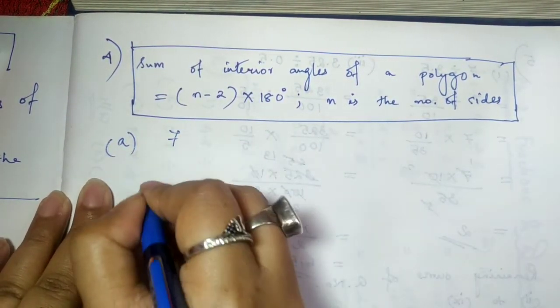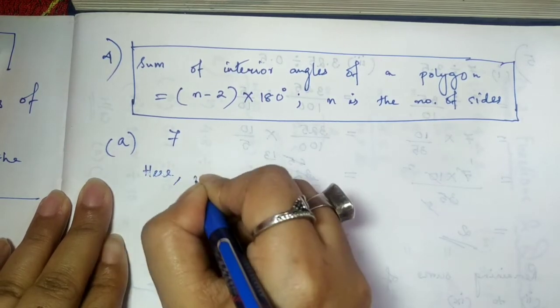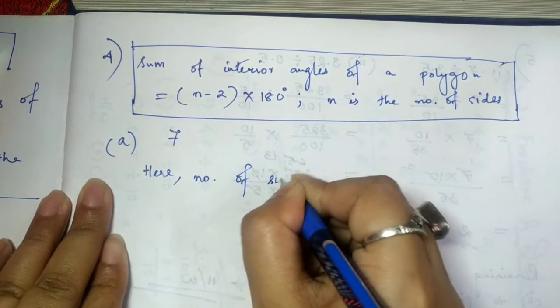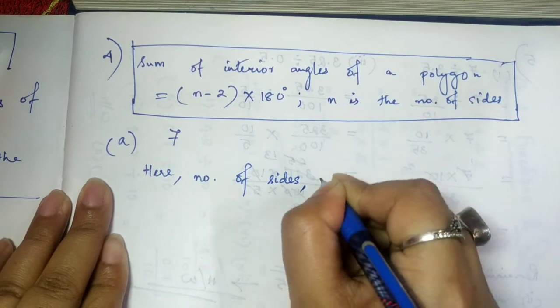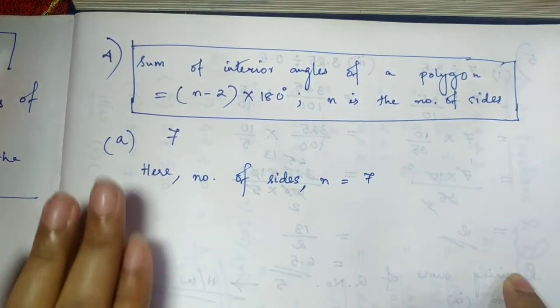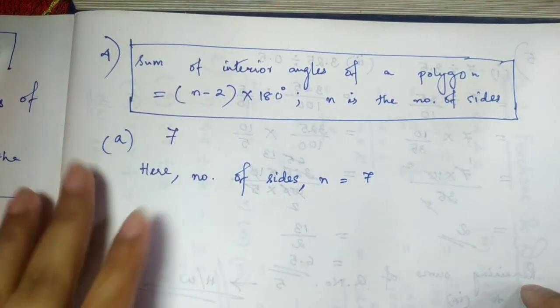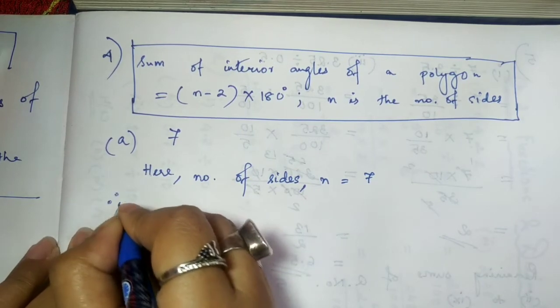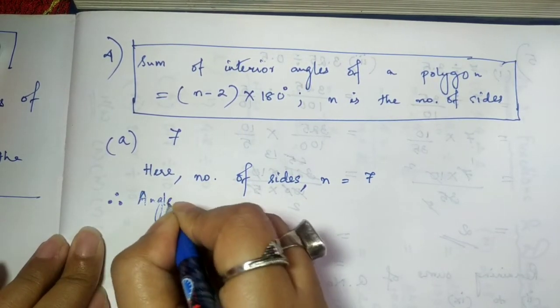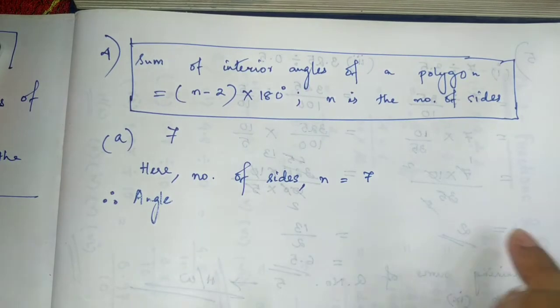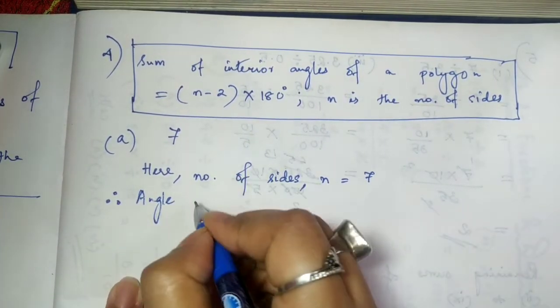What is 7? Here the number of sides n is equal to 7. Angle sum means the sum of all the angles. This statement was given in the question, so I'll write it that way.